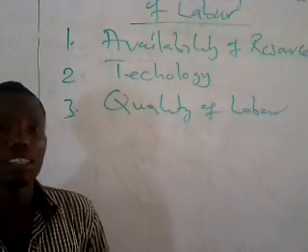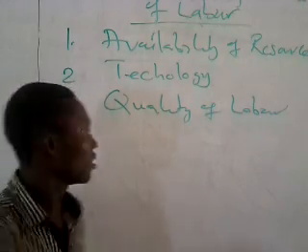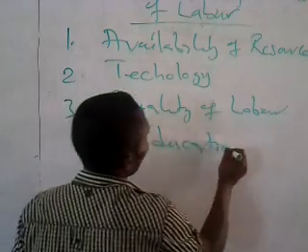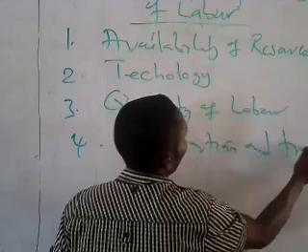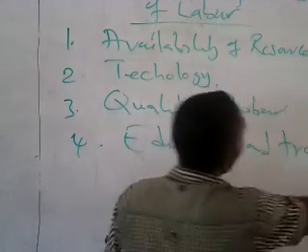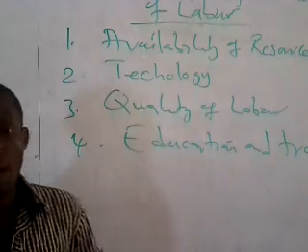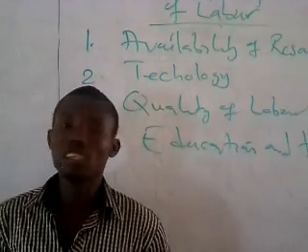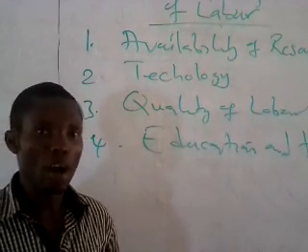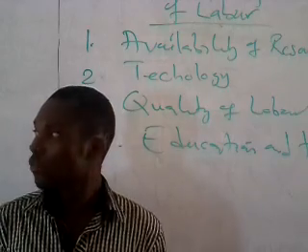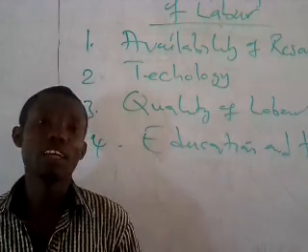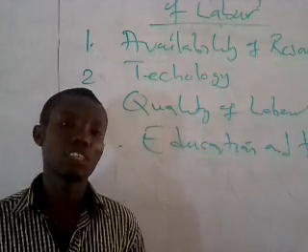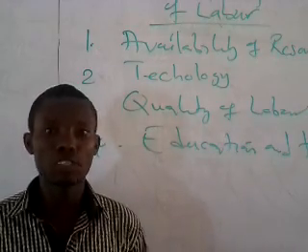And then the next one is education and training. Under labor training, we have formal training for labor and informal training for labor. If labor goes through all the necessary training and education, labor becomes efficient, and this helps to increase production.